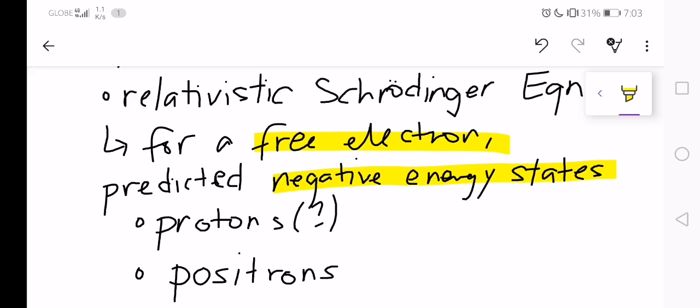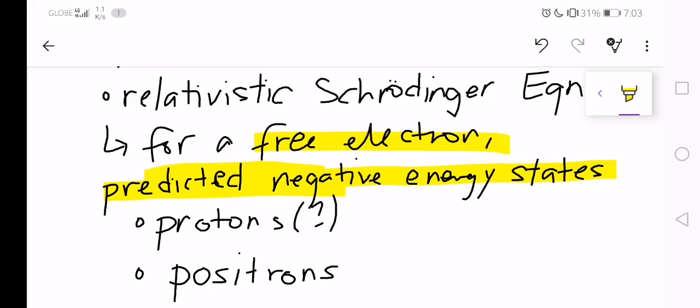In reference to the original Schrodinger equation, when we solve it for a free particle, negative energy states do not appear in the allowed energy states for a free electron. But in the relativistic equation, Dirac showed that these negative energy states are part of the solution.